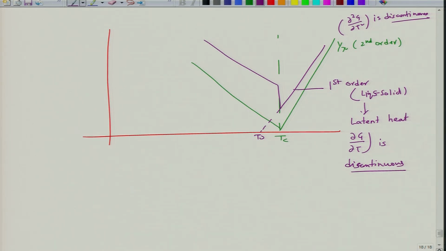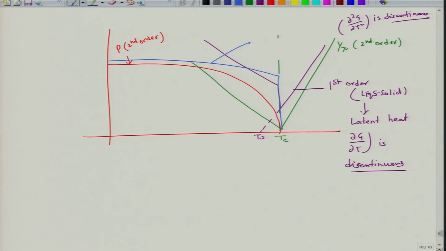In the case of polarization, polarization in the second order will go in this fashion, this is second order, and in the case of first order it will suddenly drop, this is P for first order.